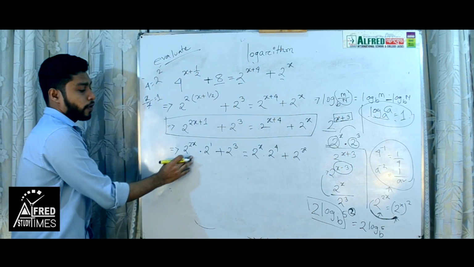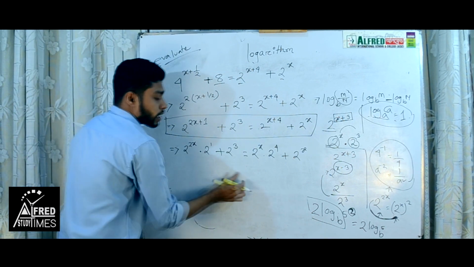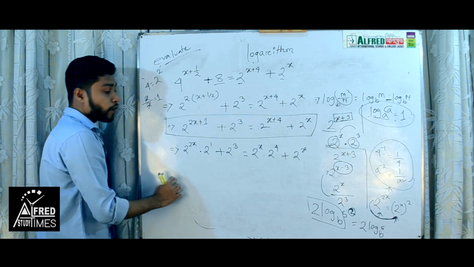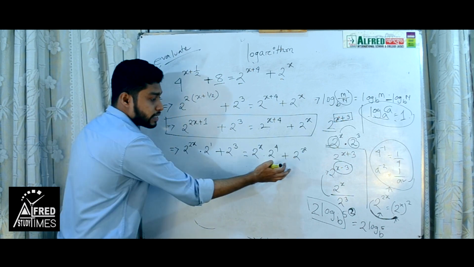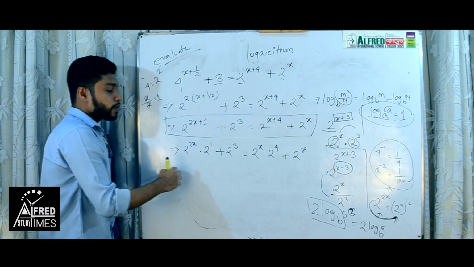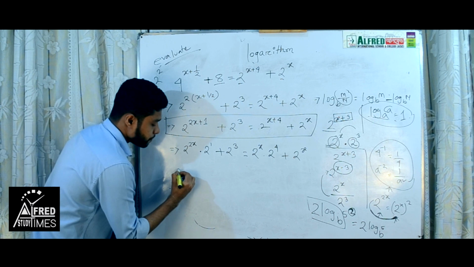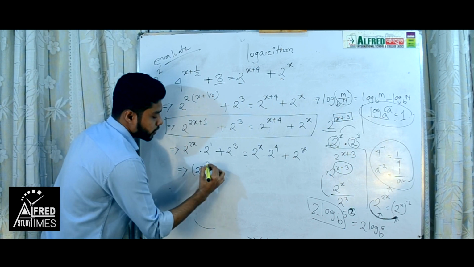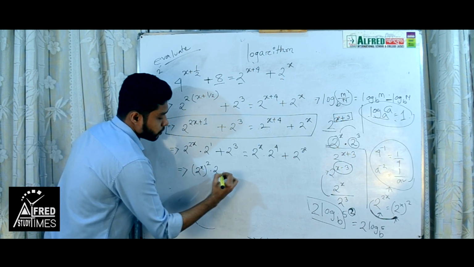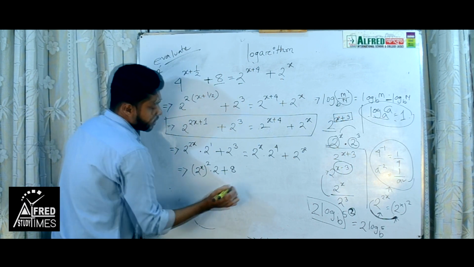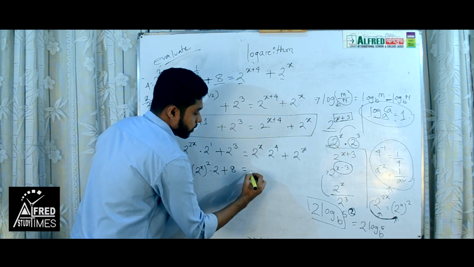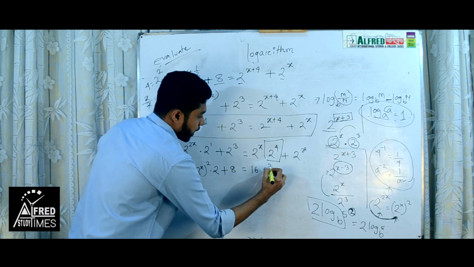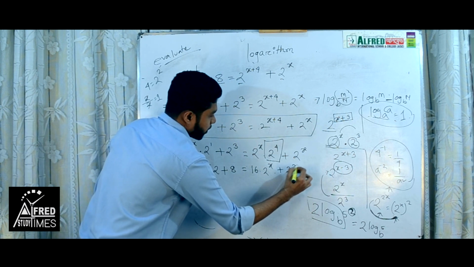Now here is my 2 to the power x. Now we can take y or something, you can do it, it will be the middle term, but we have a more idea. If you take it easy and make some more calculation, your middle term will be shorter. Okay, then here we can write 2 to the power x square into 2 plus 8 is equal to, here is 16, I make it 16 to the power x plus 2 to the power x.